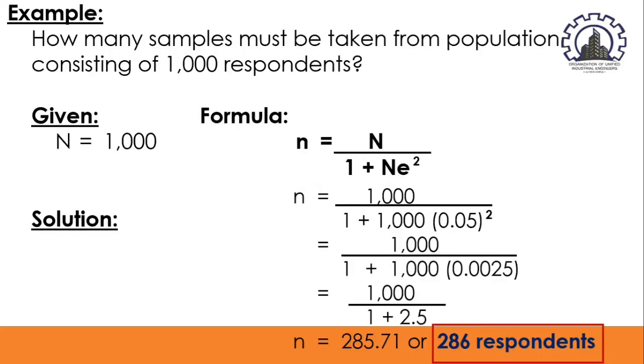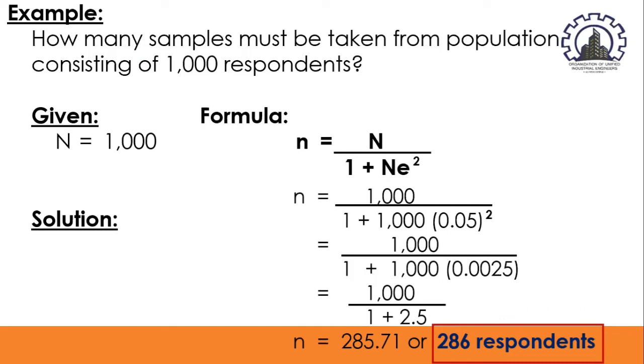Now, in order for us to better understand Slovin's formula, let us have some specific example. For example, how many samples must be taken from a population consisting of 1,000 respondents? If you are a researcher of a certain research or thesis that you are making, of course, it is very apparent that it is not feasible to conduct a survey questionnaire to all 1,000 respondents.